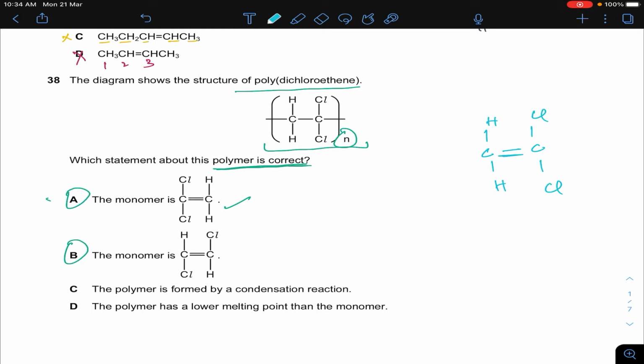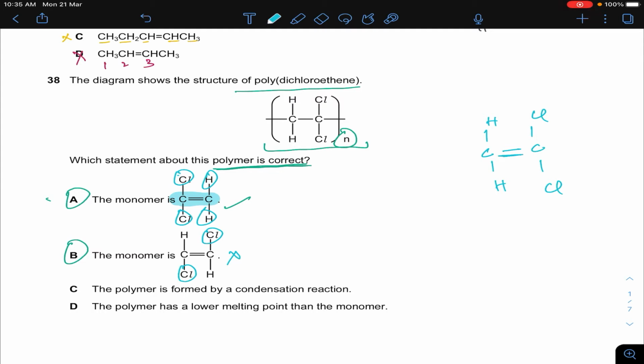So this would be option A, because in option A there are 2 chlorine atoms on the same carbon atom and 2 hydrogen atoms on the next carbon atom, and the carbons are double bonded to each other. So option A is the correct monomer. In option B, both the chlorine atoms are on opposite carbon atoms, so this cannot be the option.